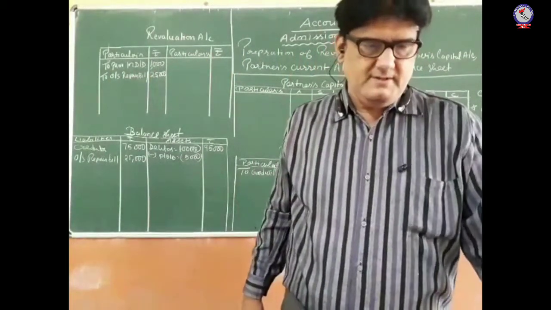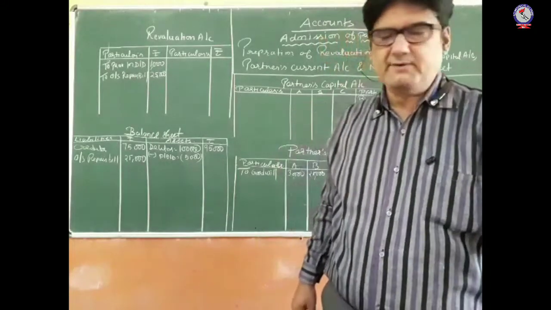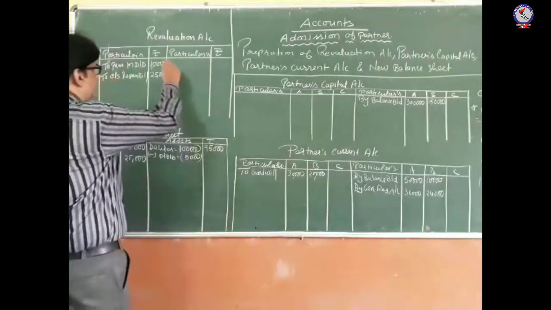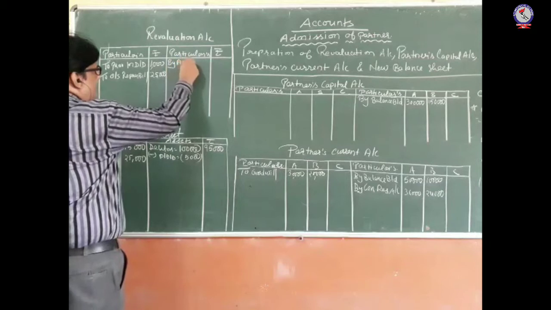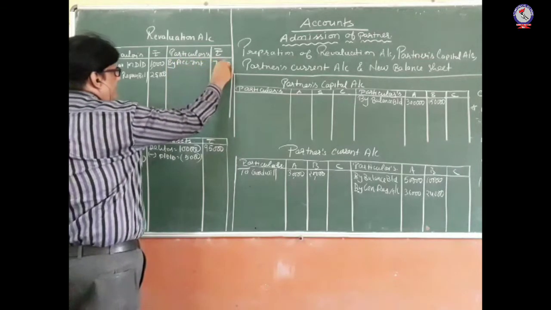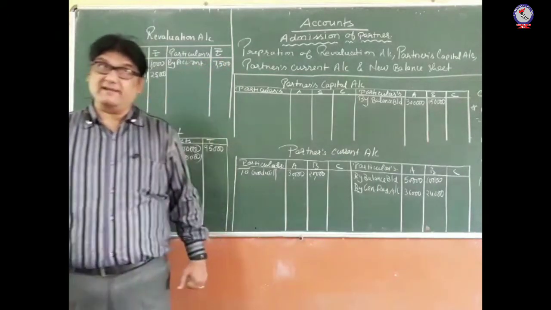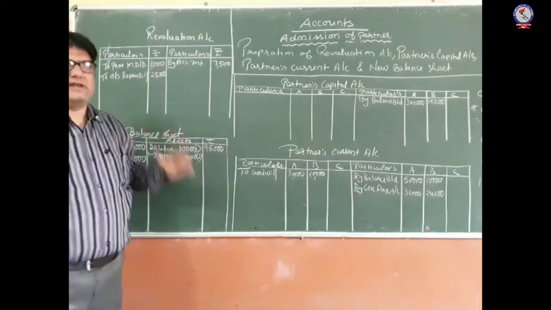Then comes an unaccounted accrued interest rupees 7,500. There is an unaccounted accrued interest. So by accrued interest 7,500. एक 7,500 रुपए का ऐसा इंटरेस्ट का अमाउंट था जो आपने लिखा नहीं था, तो दैट इज accrued interest जो आपको मिलने वाला था.